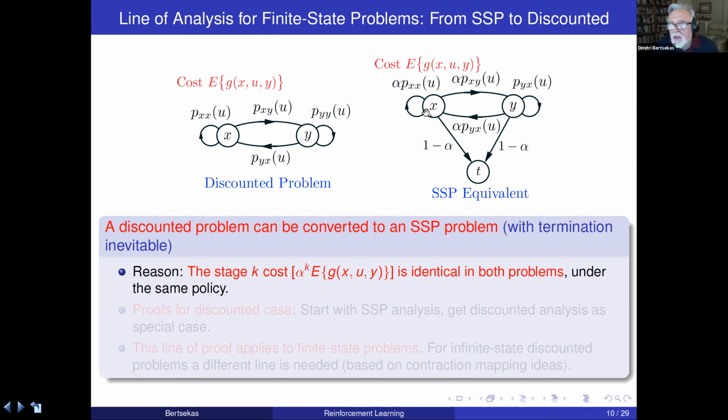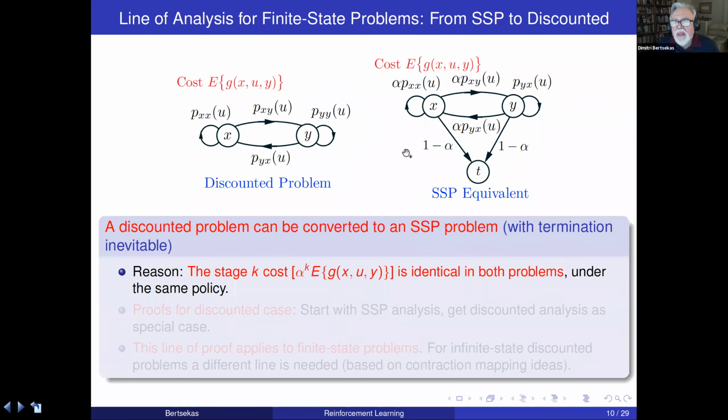Alpha is less than 1, so this is a positive probability of going to T from any state. And conditional on not going to T, the probabilities of going to the other states are according to the original transition probabilities. So when we are at X, there's a probability of alpha p_xy(u) to go to y, and a 1 minus alpha probability to go to T. And the probabilities add up to 1, of course, as they should.